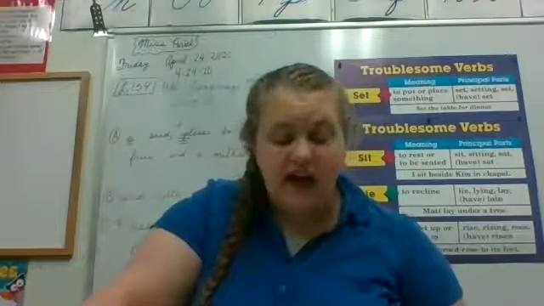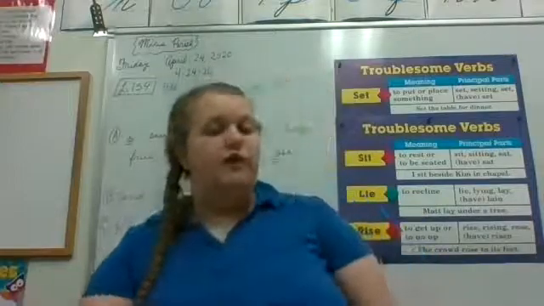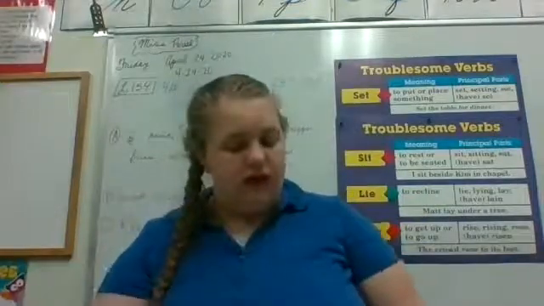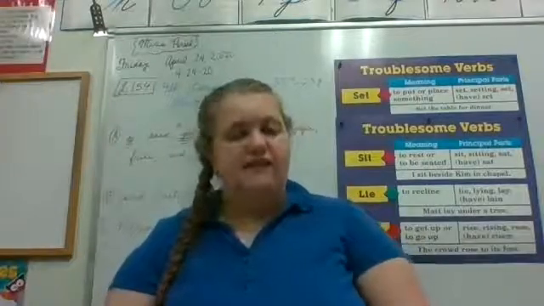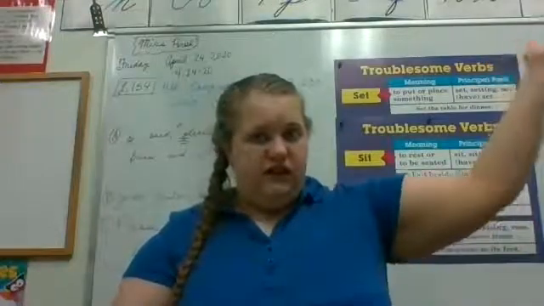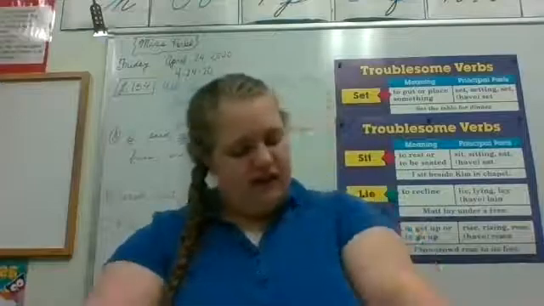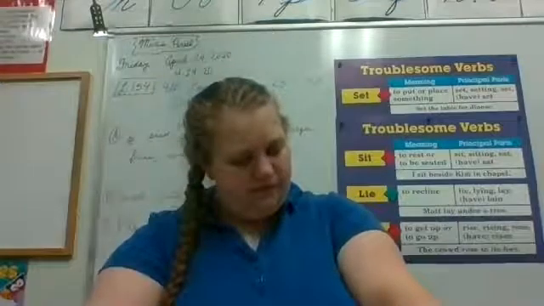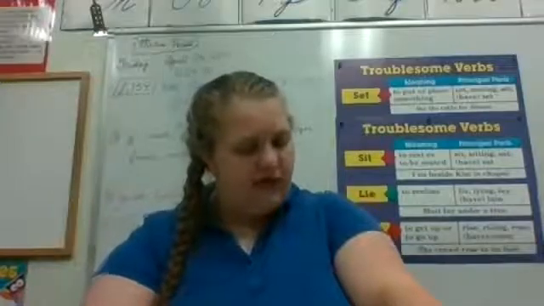So set has lots and lots of meanings other than to put or place. We are mostly looking at putting or placing things, but when it says the sun sets in the west, it means that the sun just sets down in the west. It's a unique way for that to happen.